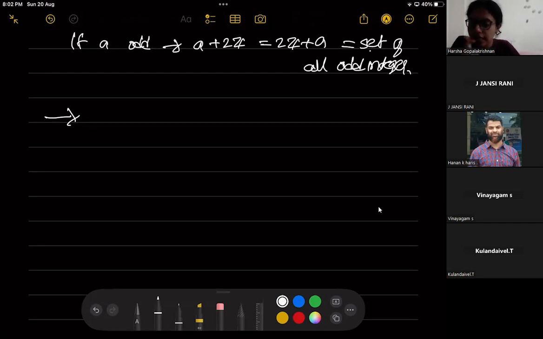So you can use the test, or you can try AH equal to HA or not.